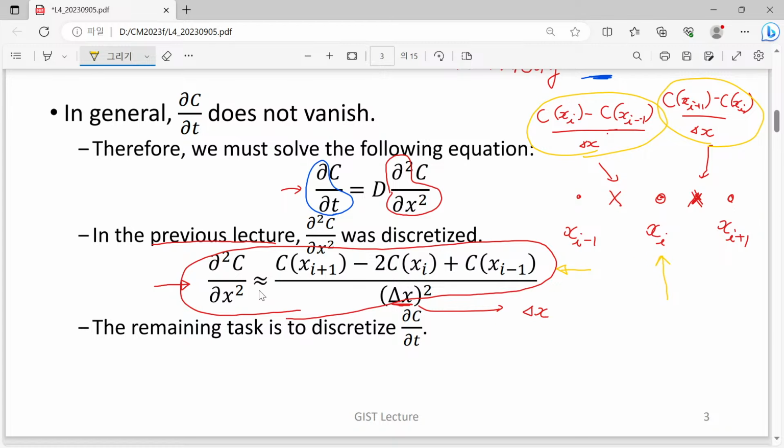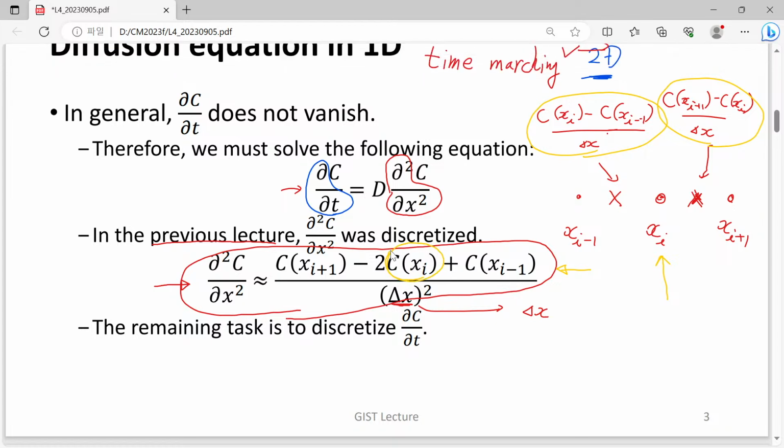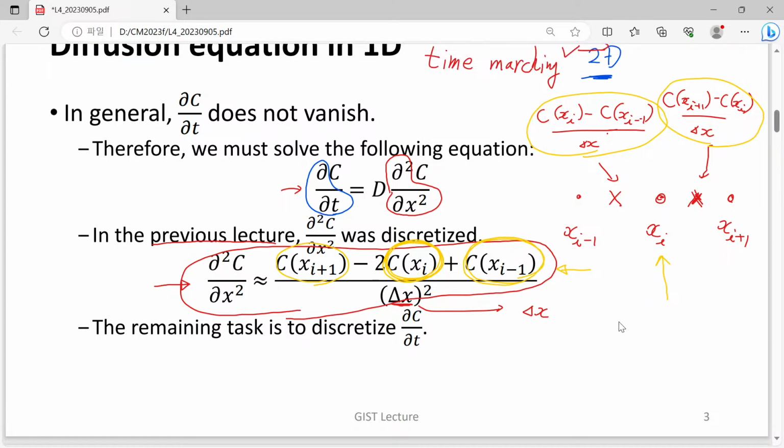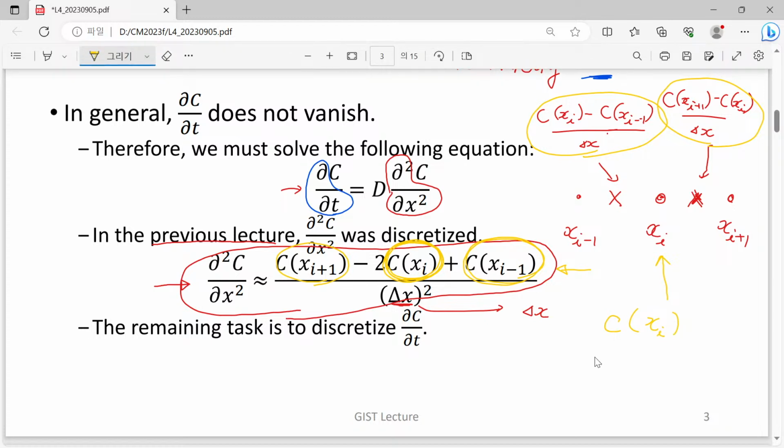So please note that when we calculate this second order derivative, we have the information about the value at the center point and values at two neighboring points. Of course, when these c values are the same, for example, c at xi equal to c at xi plus 1 and c at xi minus 1, then what will happen?